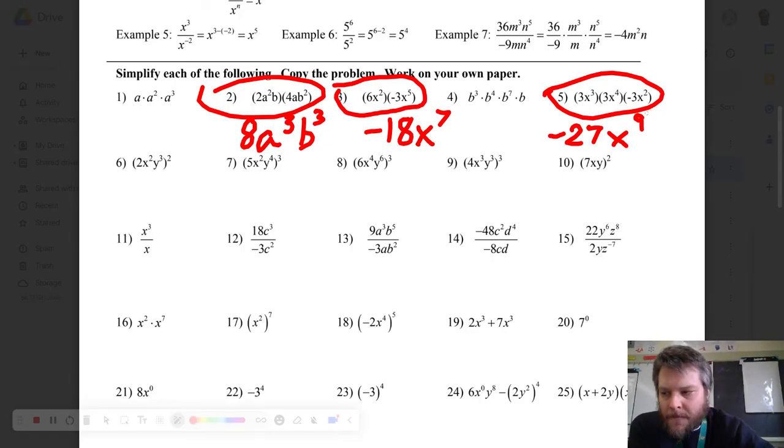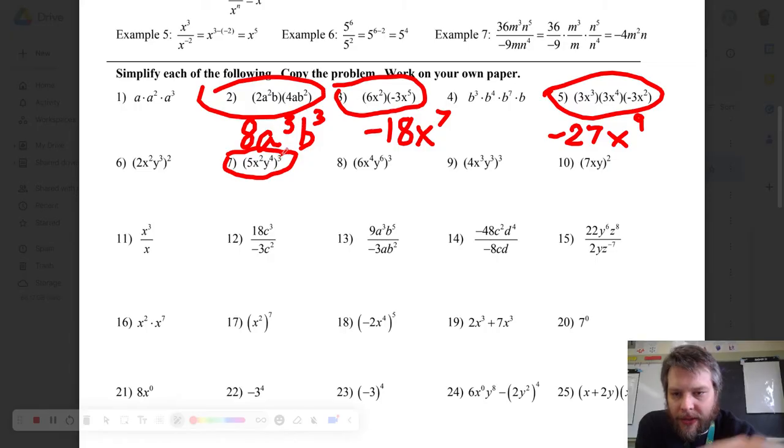All right. And then somebody else was asking me about doing a problem like number 7. Basically the same idea, do them one thing at a time. I have a 5 inside the parentheses and a 3 outside the parentheses. By the way, I'll just write this one out. You don't have to write this step on a test. I'm just sort of explaining why this makes sense.